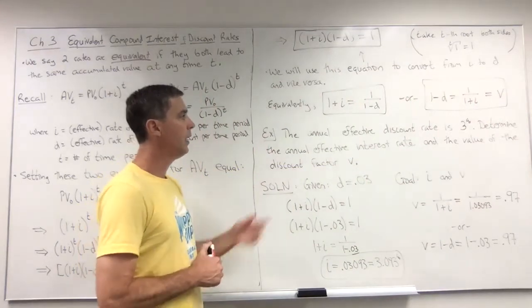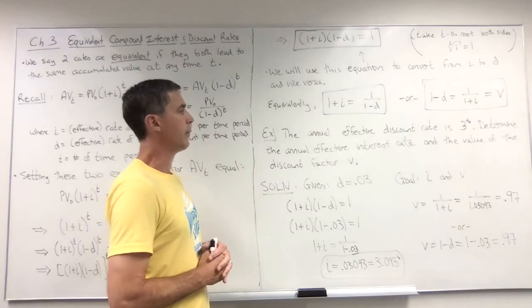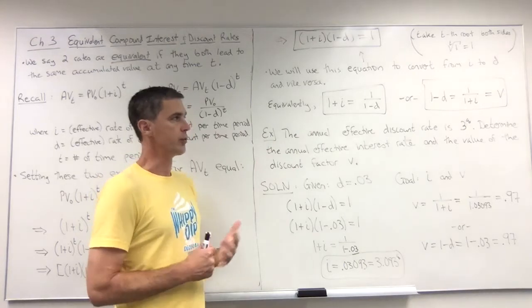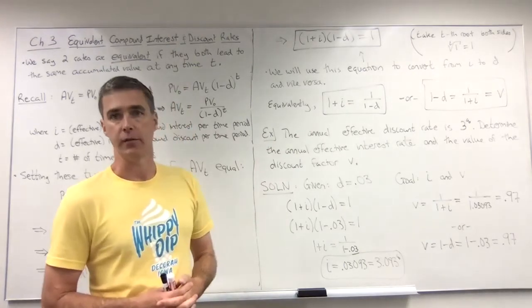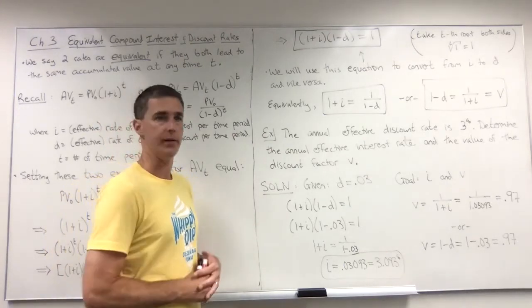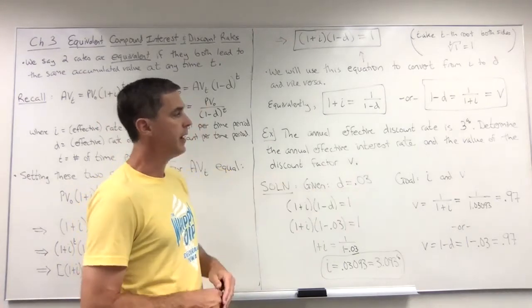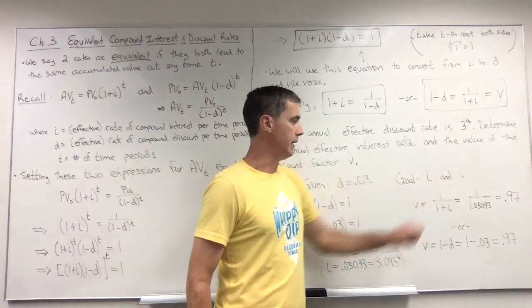So, for example, we are told the annual effective discount rate is 3%, and we'd like to determine the annual effective interest rate and the value of the discount factor, v. And I've never called it a discount factor before, but we'll see why it's called that in this example. So we've been given that d is 3%, and we're trying to figure out i and v.